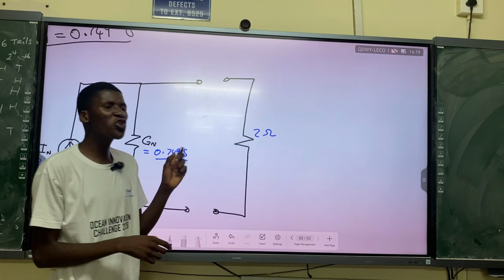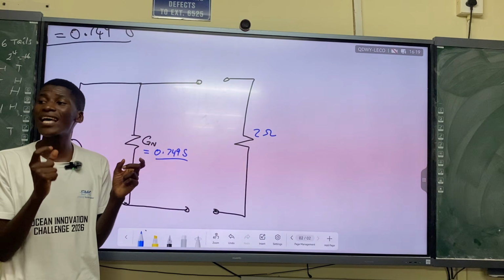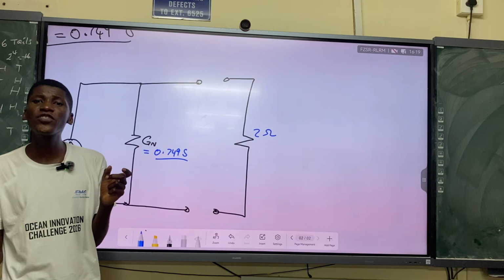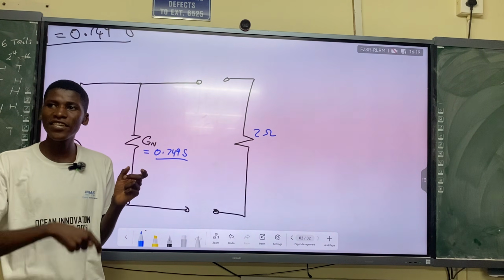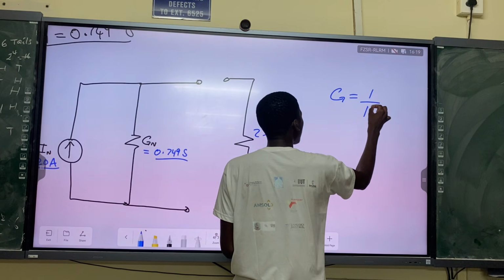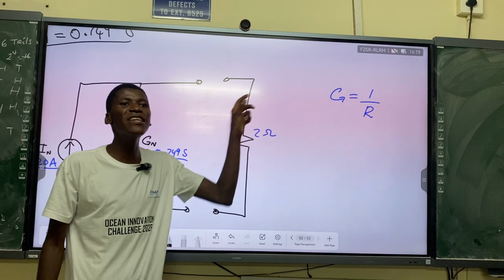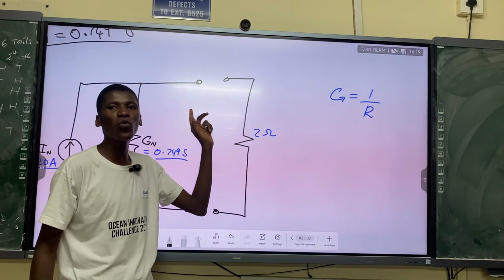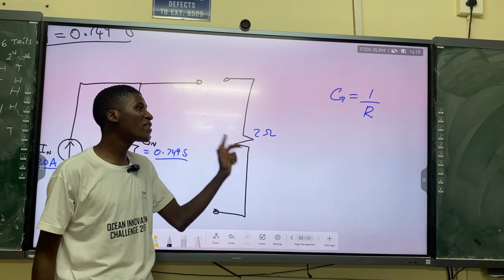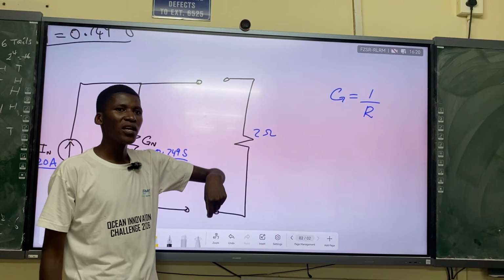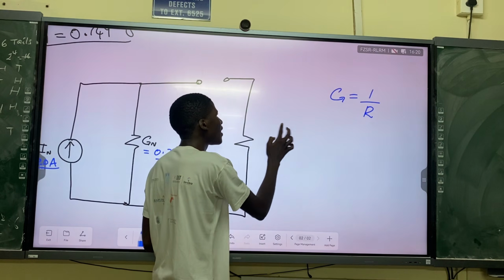But remember, Norton's theorem works with conductances. You guys must know how to convert conductance to resistance and resistance to conductance. We know that conductance is equal to 1 over resistance; conductance is the inverse of resistance. So we have a load resistance of 2 ohms and we want the load conductance.